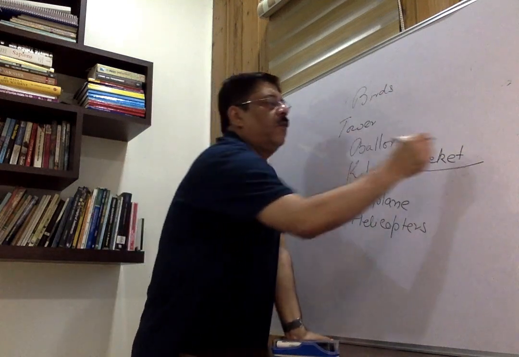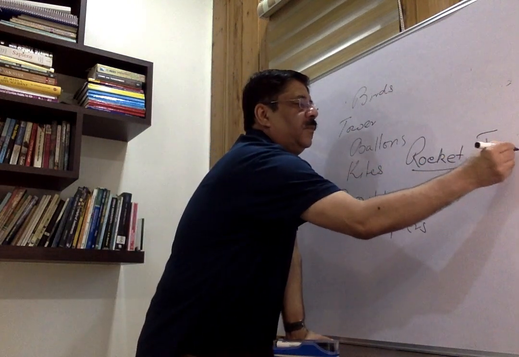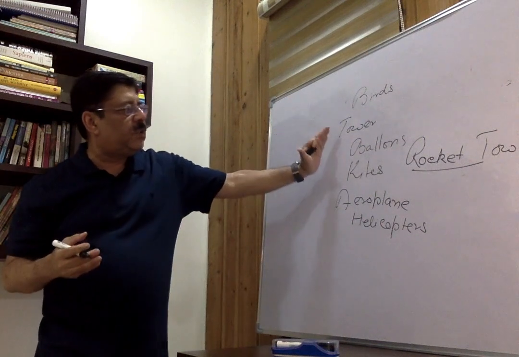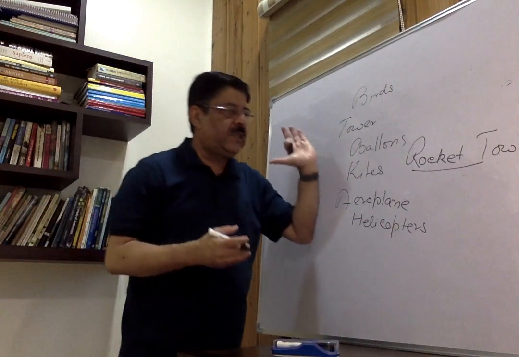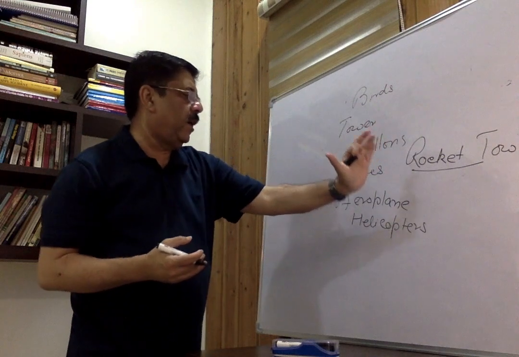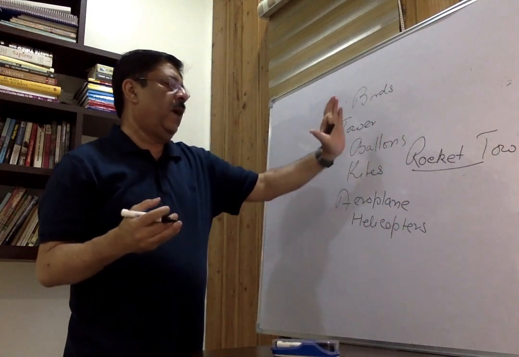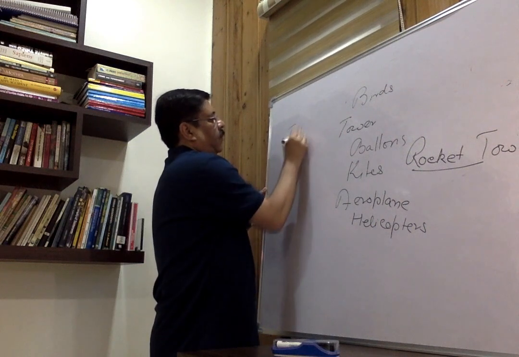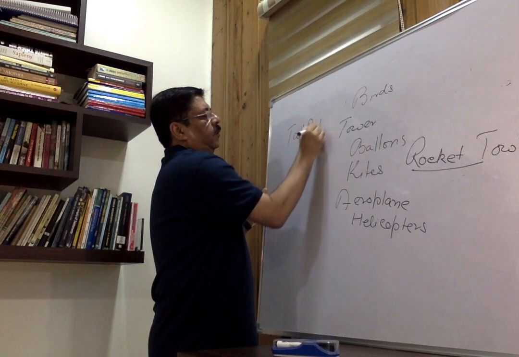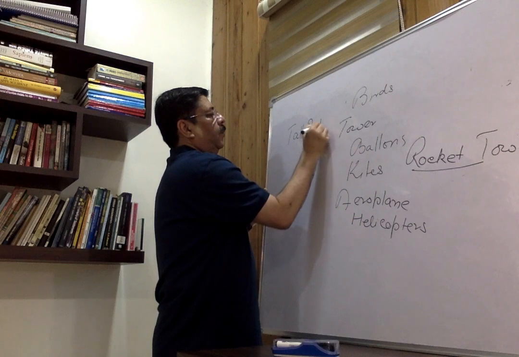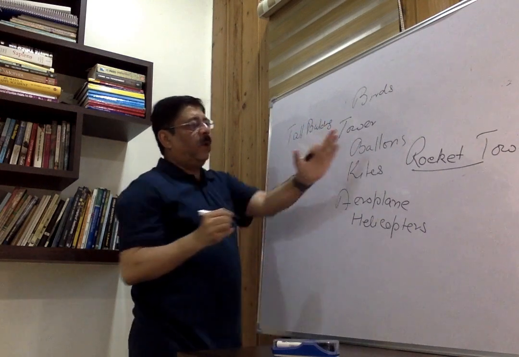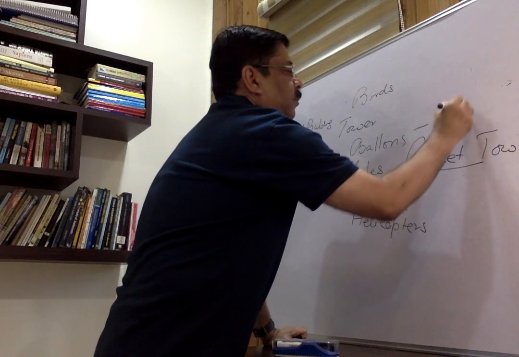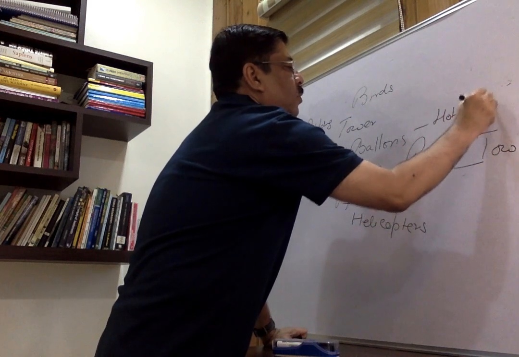So there were very many things: birds, towers, balloons, kites, rocket towers, aeroplanes, helicopters, and a very tall building. Balloons were simple balloons and hot air balloons also.